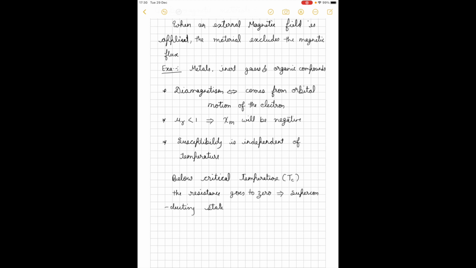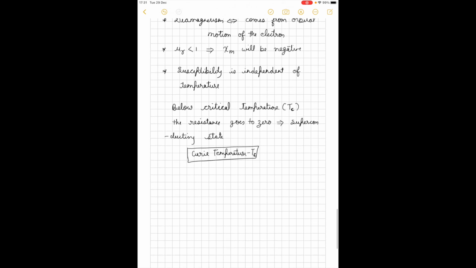Just to contrast, I'll write in brackets that we also have the Curie temperature, like in the dielectric case, Tc. This C here is Curie, that C there is critical, but I'll be specific about which temperature we are discussing.